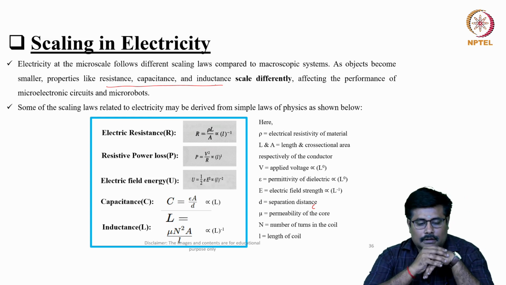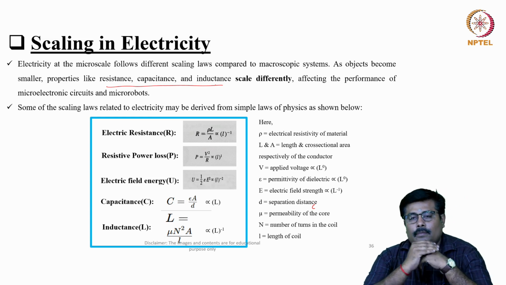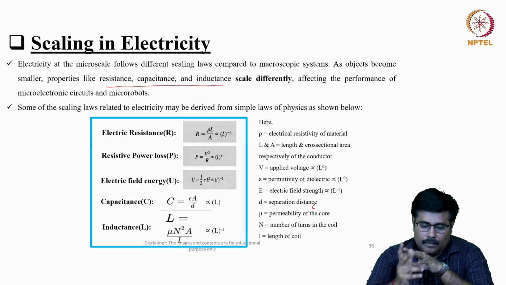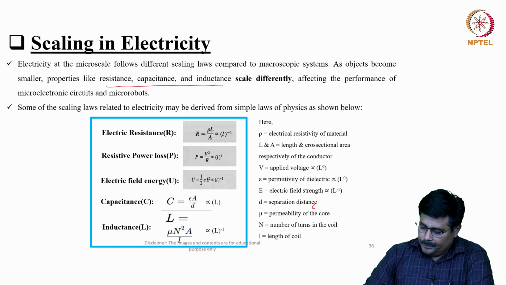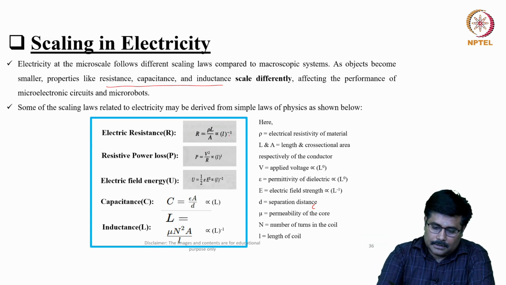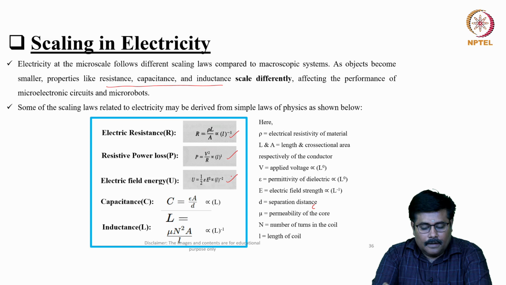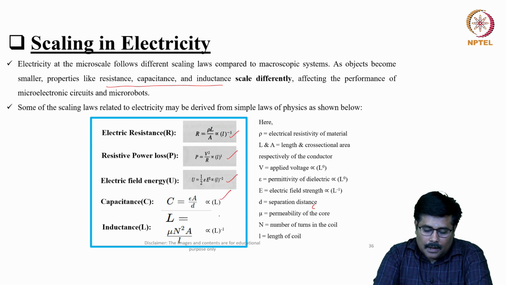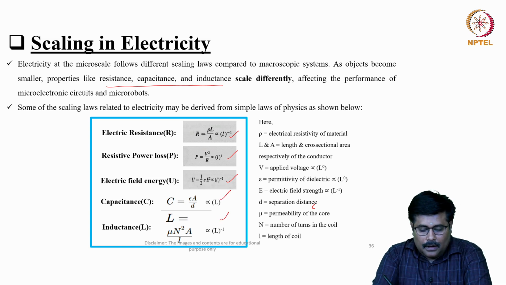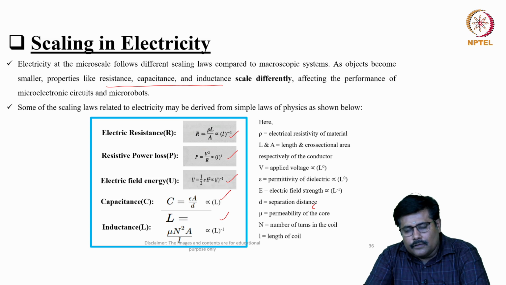Some of the scaling laws related to electricity may be derived from simple laws which are shown over here. If you look at the parameters, we have the electrical resistance, the resistance power loss, and the electric field energy. In addition to this, we also have the capacitance and the inductance. Let me introduce you to the common parameters being deployed.